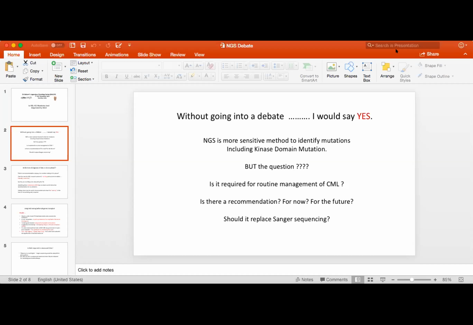Manju has already discussed several studies which have clearly shown the ability of NGS to pick up far more subtle mutations, what we call ultra deep sequencing. Whether it is ready to replace Sanger sequencing, whether we can still stay with Sanger sequencing for our day-to-day management of patients, as of today, it's perhaps okay to still stick with Sanger sequencing.